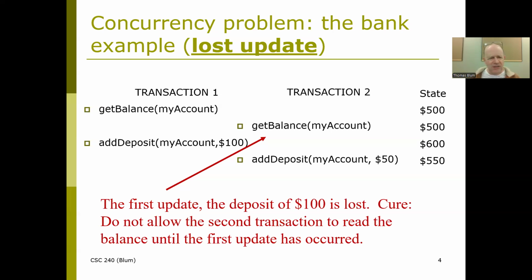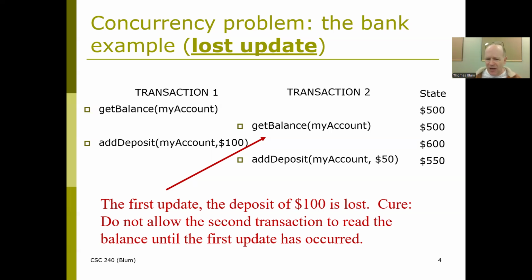So you begin your transaction one, and you get your balance, and grandma at the same time is accessing your account. That's the second line there, get balance in transaction two. And then you deposit your $100. So you started off with 500, now you're up to 600.